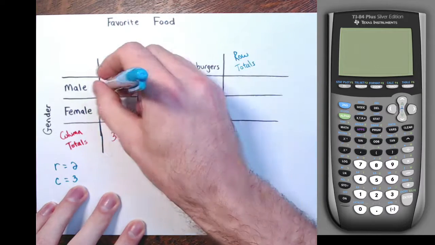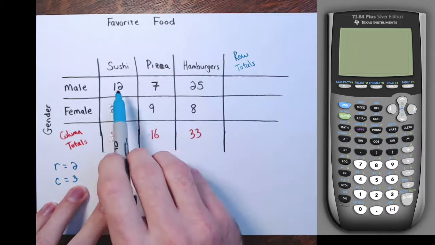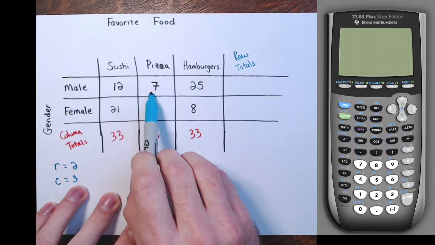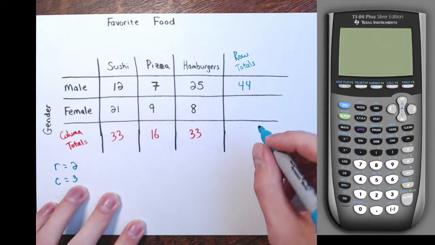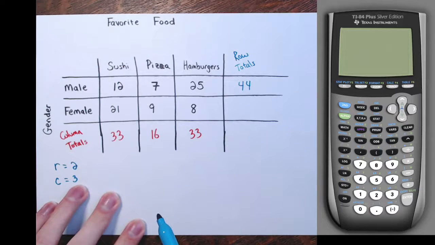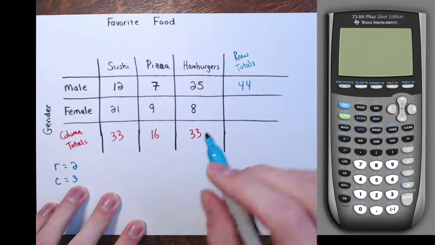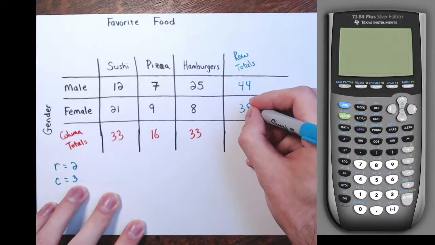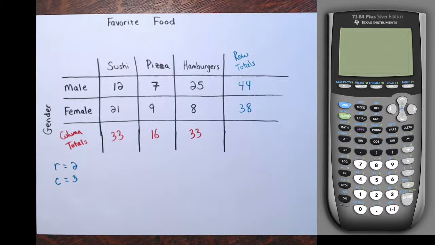So how many of these students identified as male? It's 25 plus 19, which is 44. And how many of these students that were surveyed identified as female? It's 38, just 21 plus 9 plus 8. And then in the lower right corner is the total number of students that were surveyed.